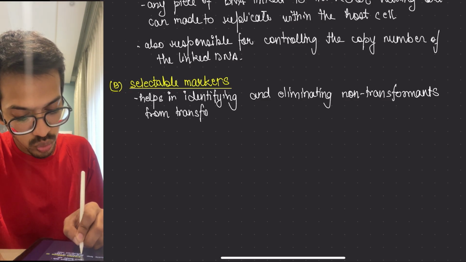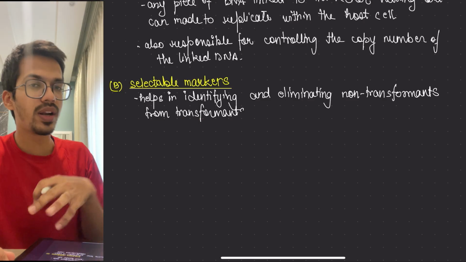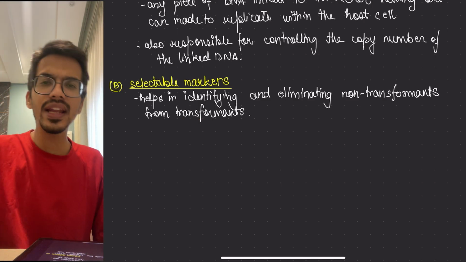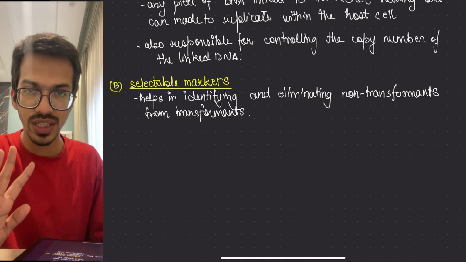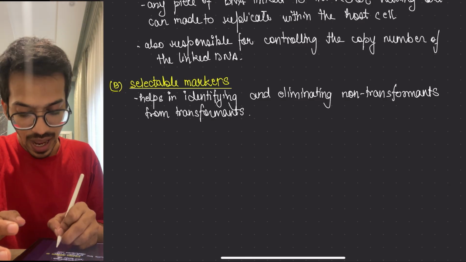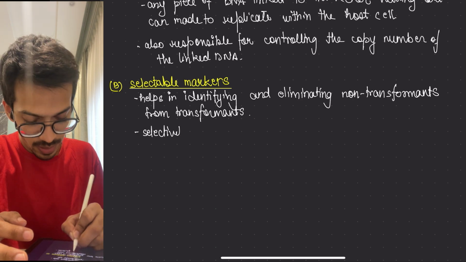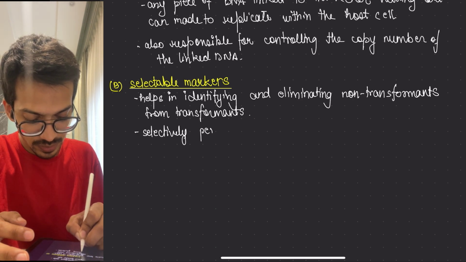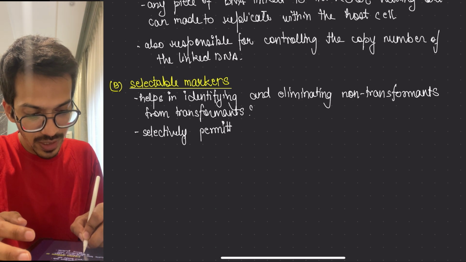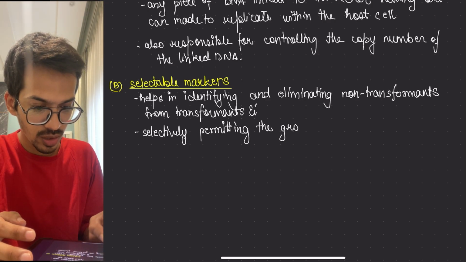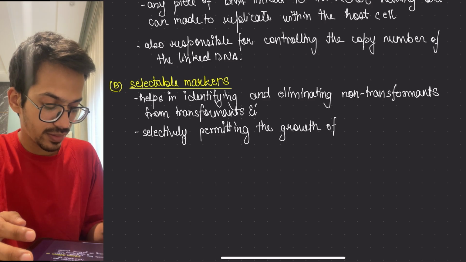So those who are able to take this will be called transformants. Those who are not able to take it are called non-transformants, and we are able to distinguish between them. It helps in that. And this will what? It will selectively permit the growth of the transformant.